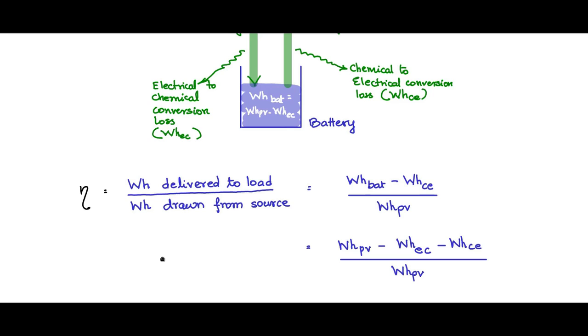And this efficiency is generally around 70% for most batteries. The lead acid batteries that we commonly use are roughly about 70% energy efficient. Likewise, the nickel metal hydride and some of these lithium polymer batteries also have similar kinds of efficiencies.